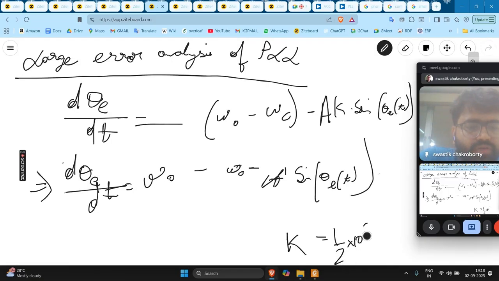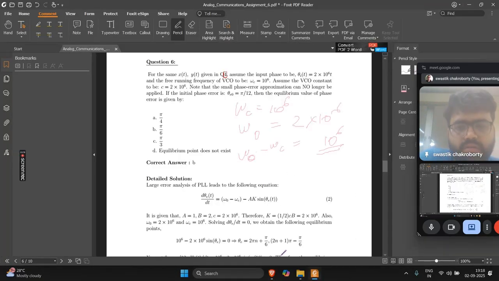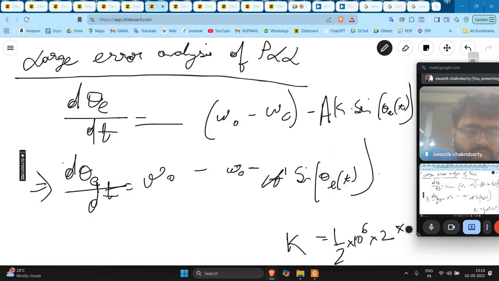The K is half into 10 to the power 6 into 2 into B, where the output amplitude is 2, so this K is 2 into 10 to the power 6, so AK is 2 into 10 to the power 6.